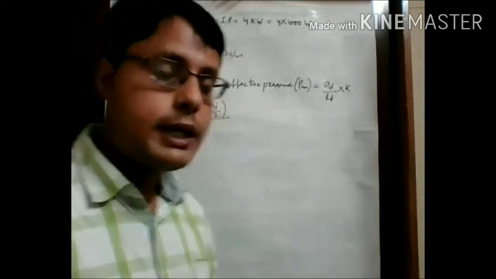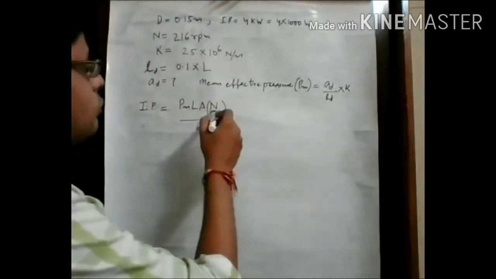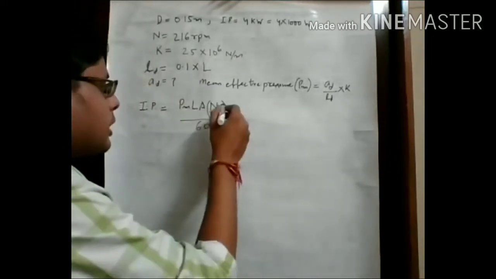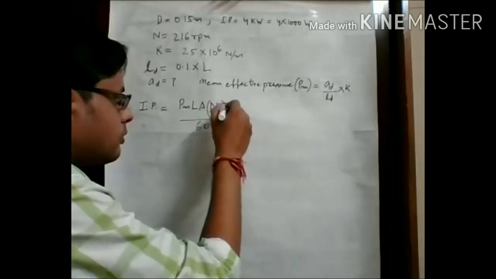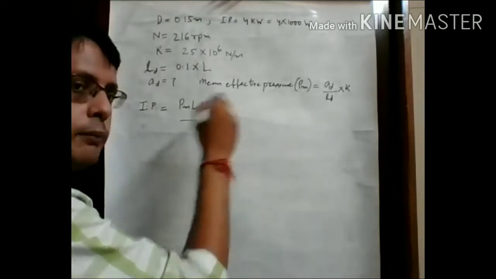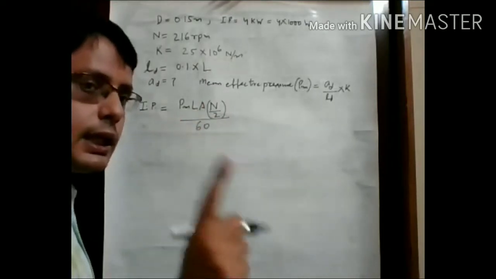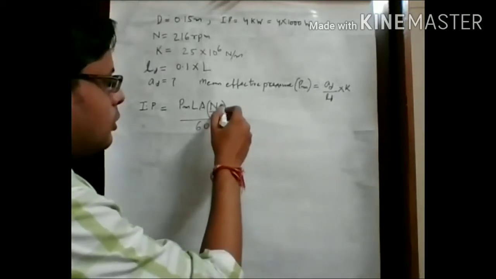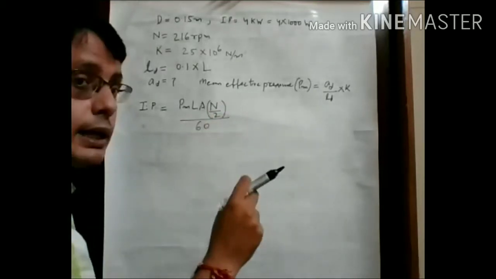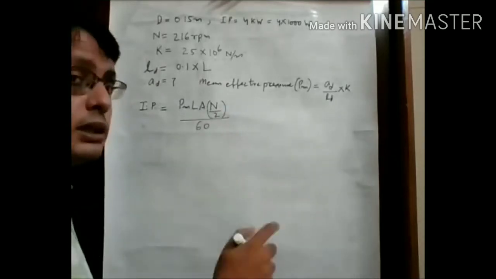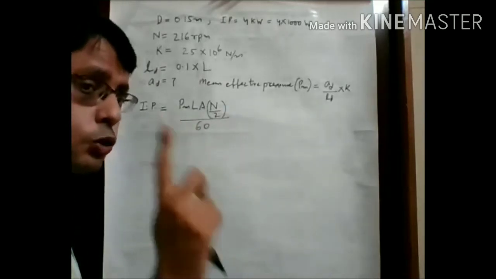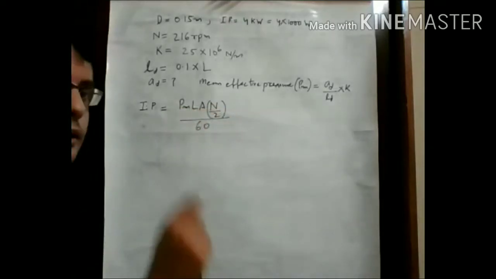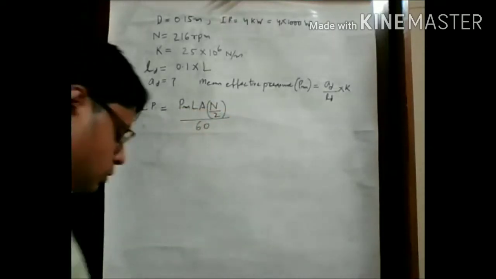If this is a double acting 4-stroke engine, then we have to multiply this term by 2. Because here this is a single acting engine, we just divide by 2, not multiply by 2. We divide by 2 because it is a 4-stroke engine. If this is a 2-stroke engine, then we simply write only the N term.